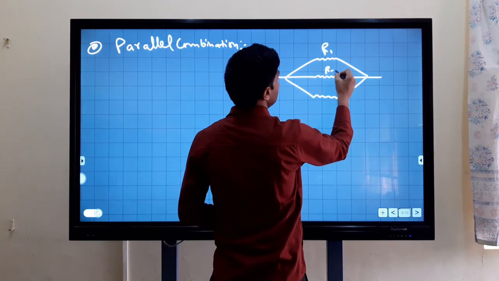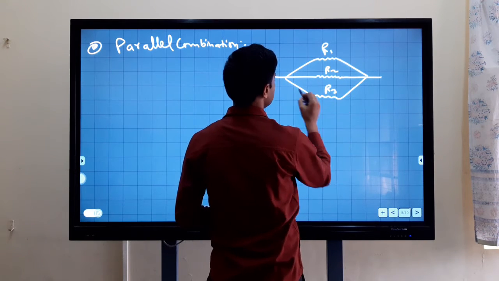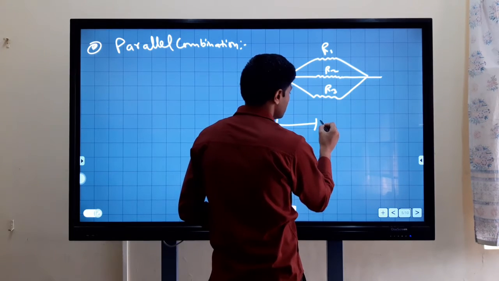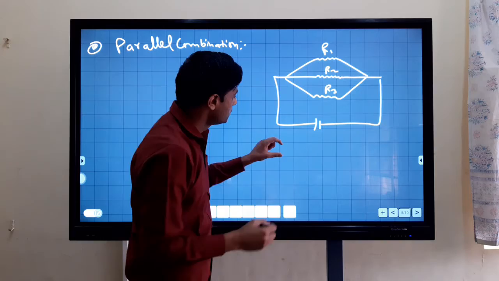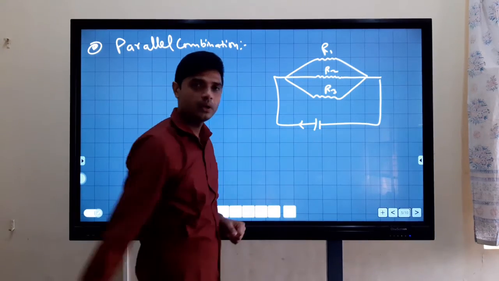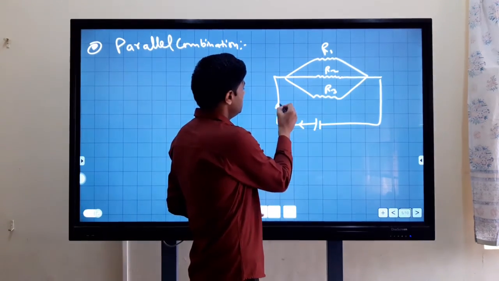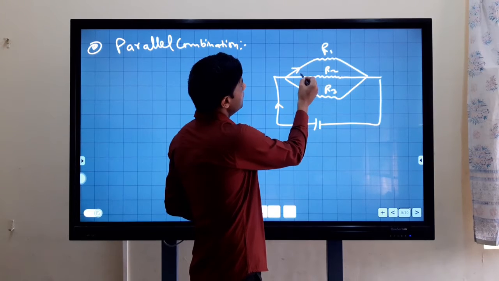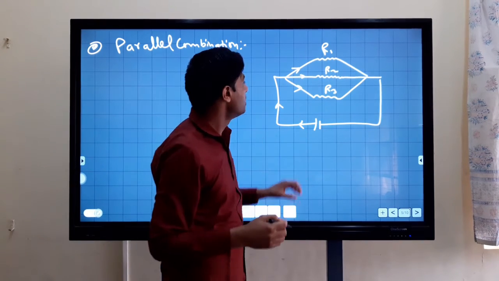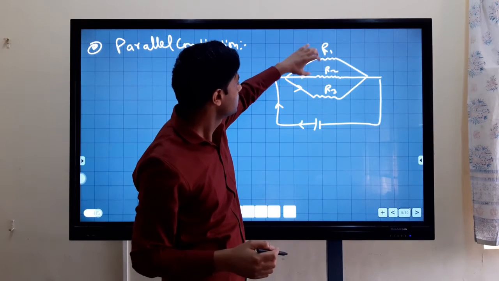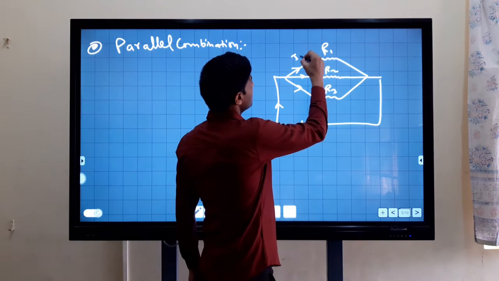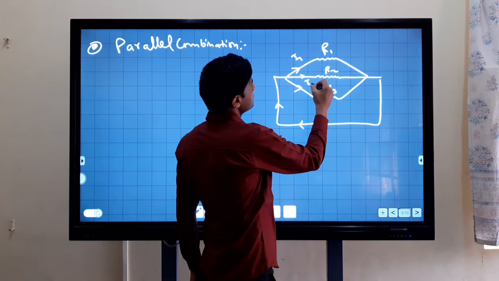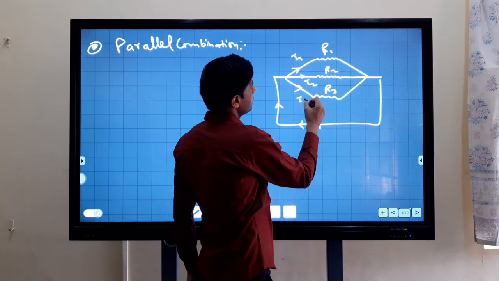The current starts from the positive terminal. It means there are three paths available to flow current: I1, I2, I3.